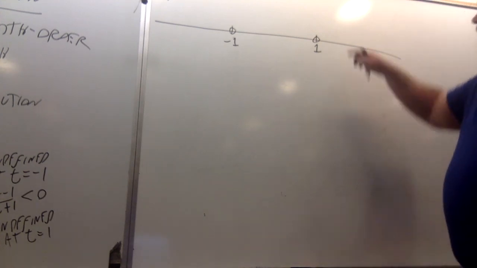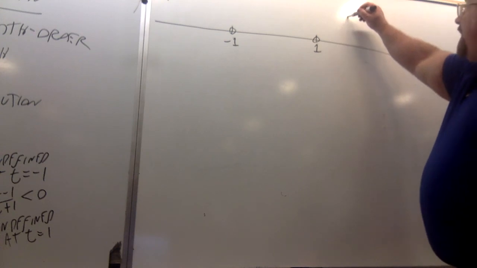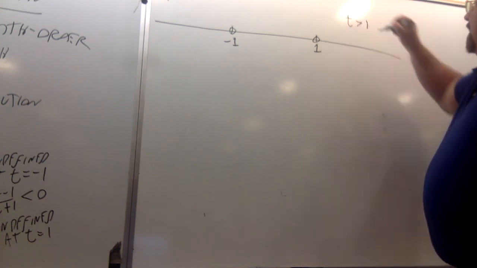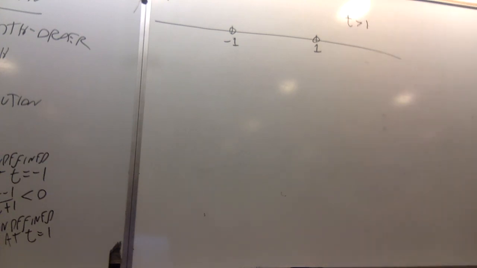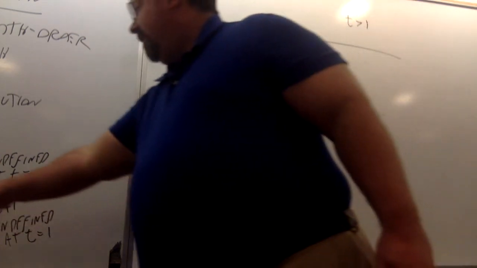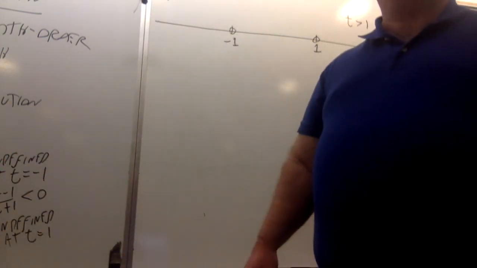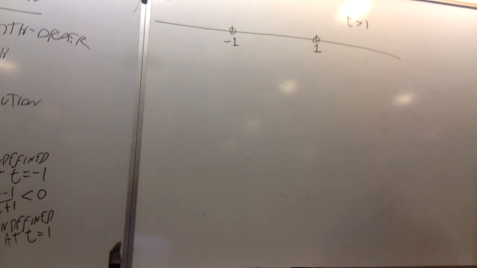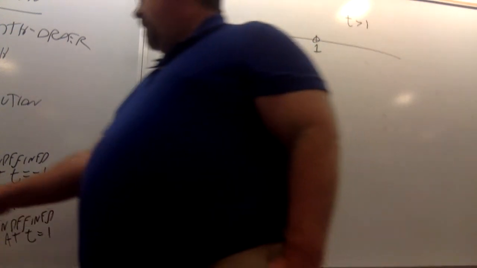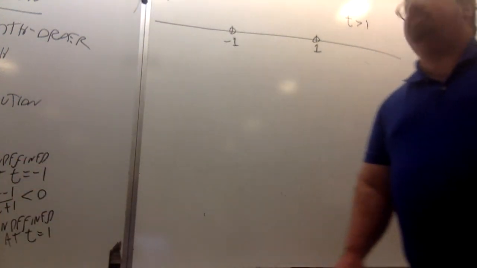Now, over here, we have t being greater than 1. In that case, this portion is certainly going to be positive. If t is greater than 1, then t minus 1 is positive, and t plus 1 is also going to be positive.